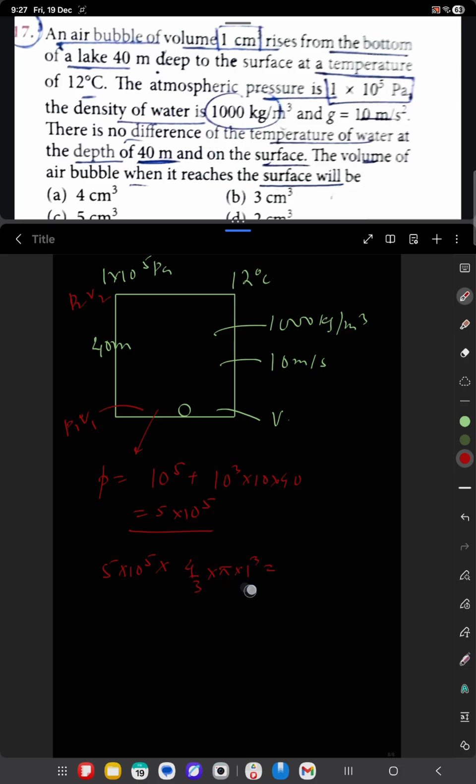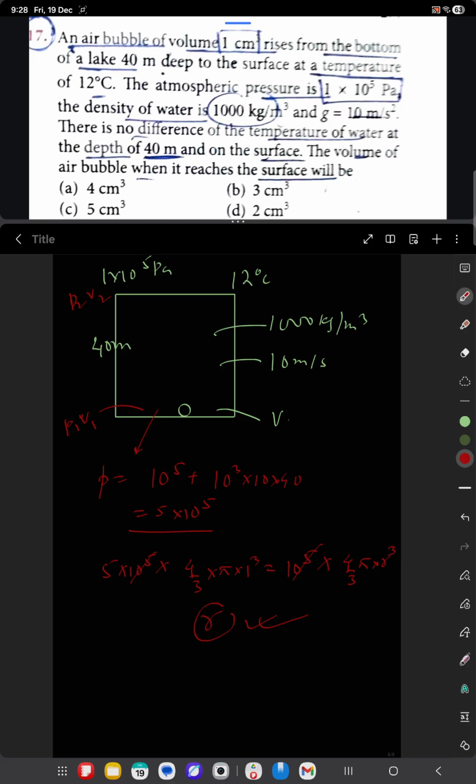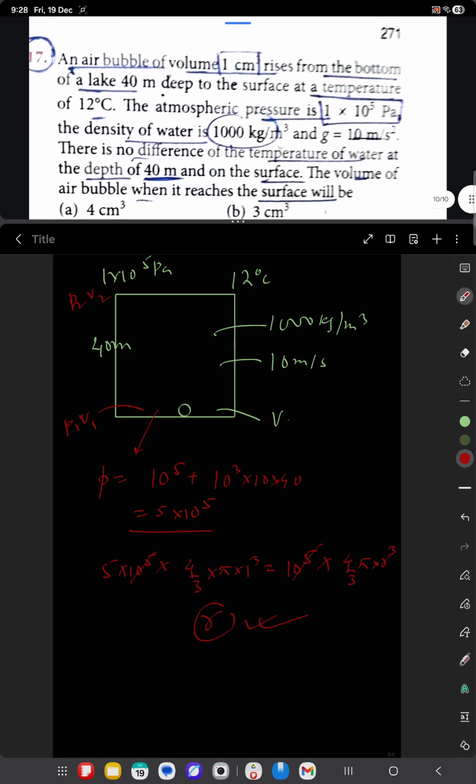I am keeping it in centimeter. P2 is 10 to the power 5 and V2 is 4 by 3 pi into R cube, let the radius be R. All these get cancelled out and you can find out the value of R. From there you can find out the value of the volume. So you are getting 5 as the answer.